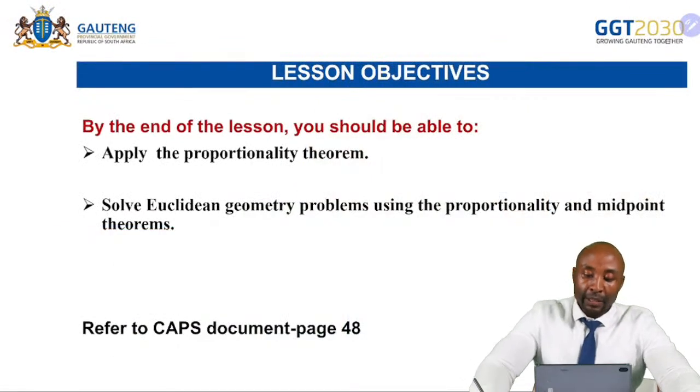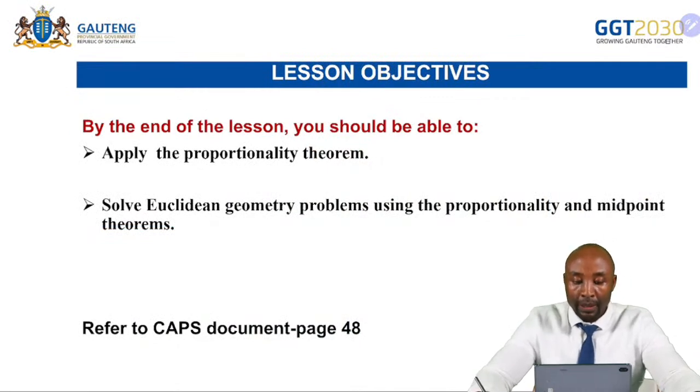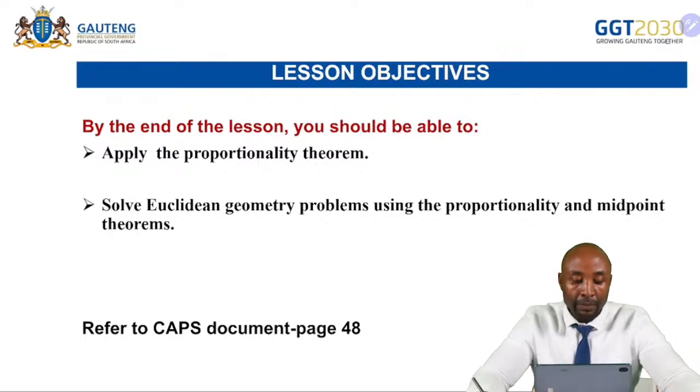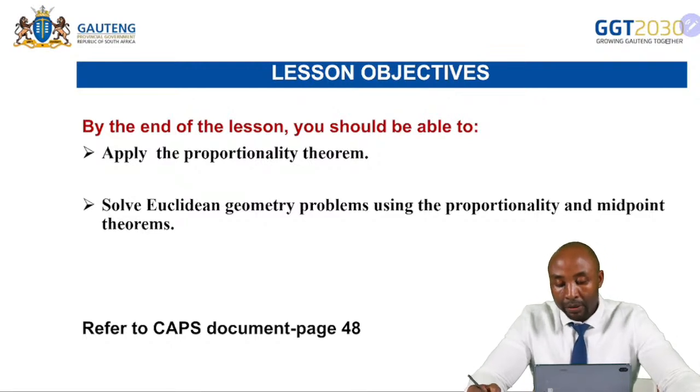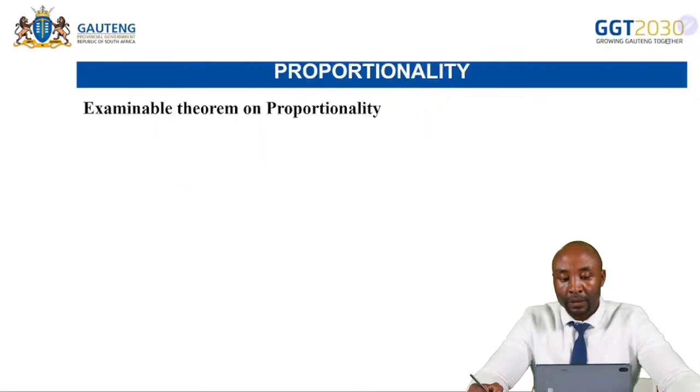Our lesson for today is Euclidean geometry under the subtopic, the proportionality theorem. By the end of this lesson, you should be able to apply the proportionality theorem and solve Euclidean geometry problems using proportionality and midpoint theorems. We can refer to the KEP document, page 48.